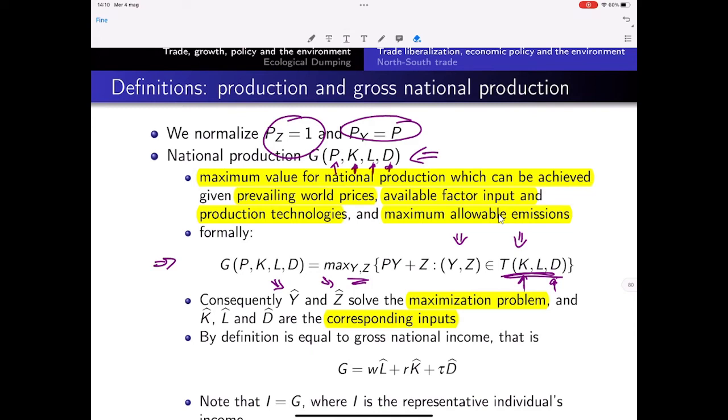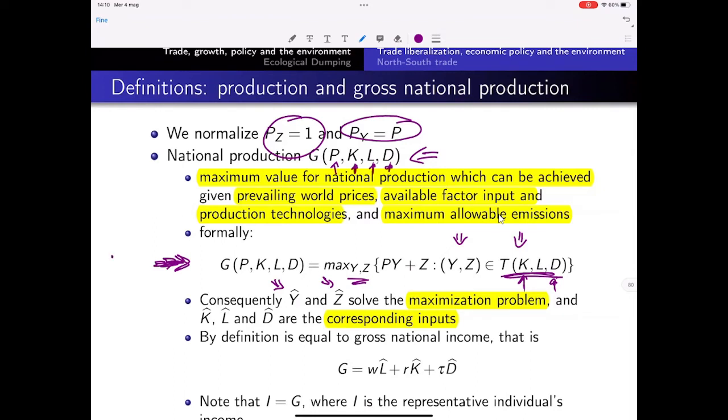So this is exactly what we've done in the previous version. Nothing new here. And what I can do now is use the fact that this is GDP. So my G is GDP.